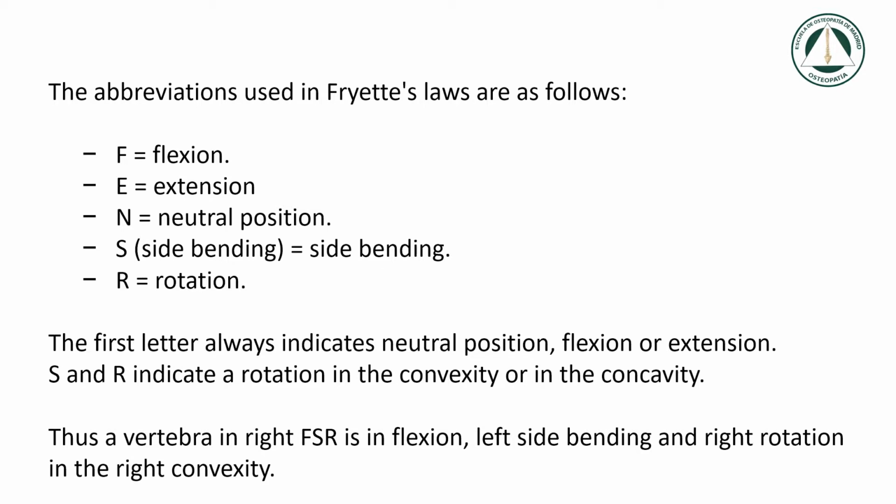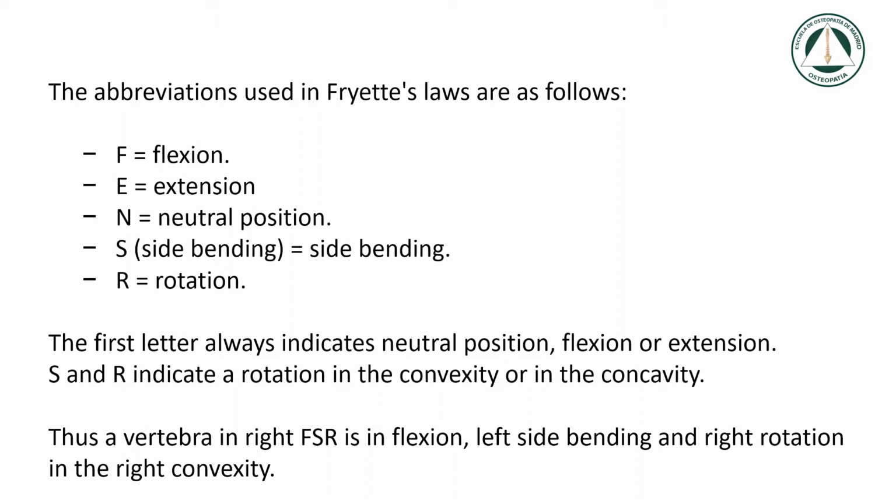The abbreviations used in Fryette's laws are as follows. F stands for flexion. E means extension. N stands for neutral position. S, that is, side bending, is used to indicate the side bending of the vertebra. R is used to indicate rotation. In Fryette's nomenclature, the first letter always indicates neutral position, flexion, or extension.